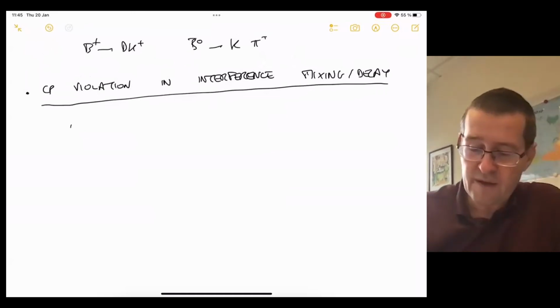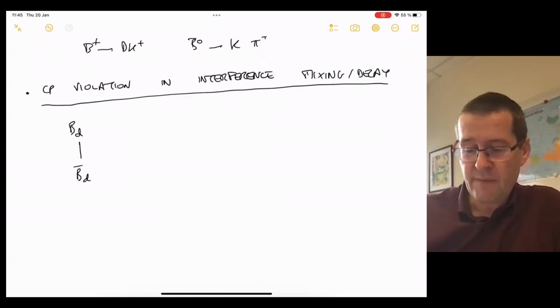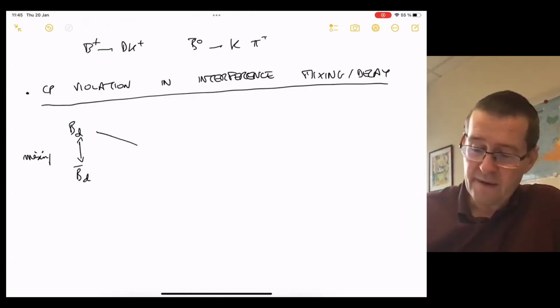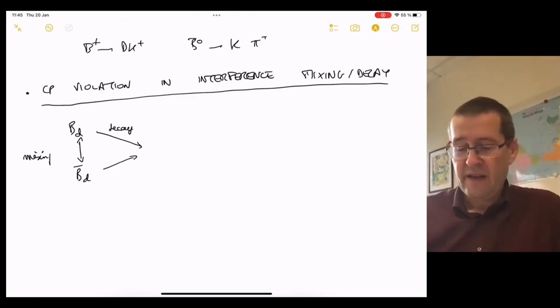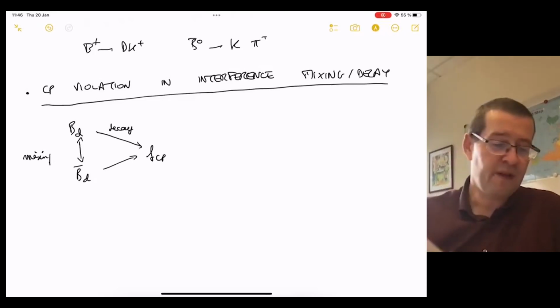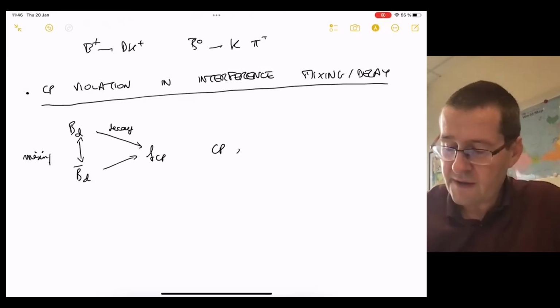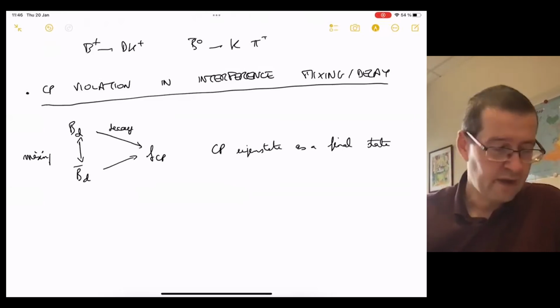So the story we have is that you have, for instance, a B_d and a B_d bar evolving into each other, and then they have the possibility of decaying. For this to make sense, it has to be a CP eigenstate as a final state.